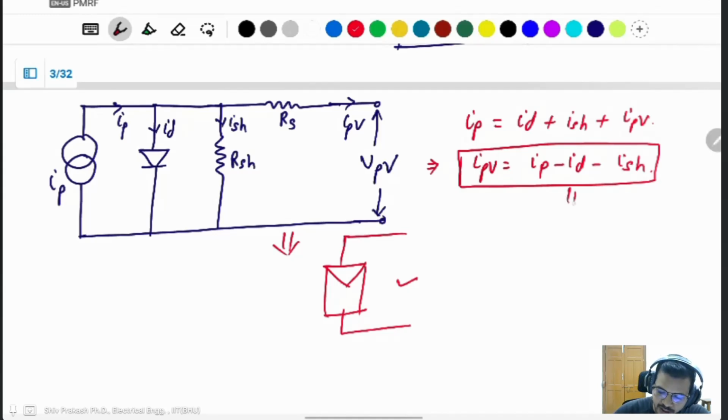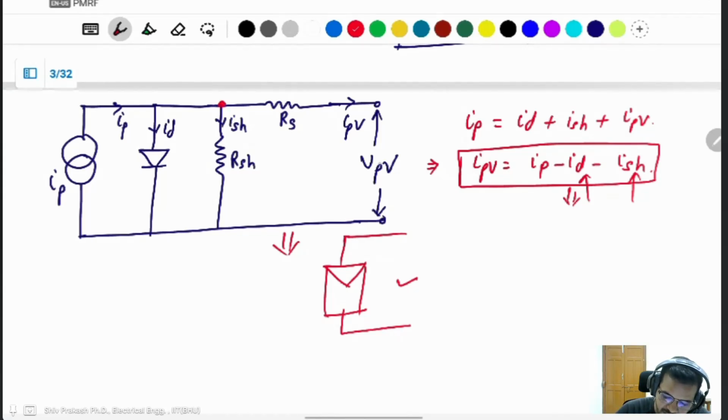If you extend this one to know about the diode current, what is the diode current? Shunt current, you can calculate here. Then what is the voltage of this one?